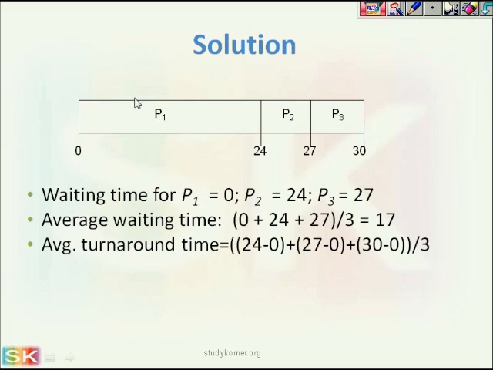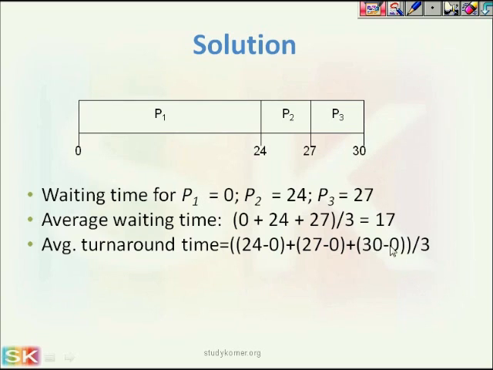So process P1 is completed at the 24th second and it was submitted at time 0. So its turnaround time is 24 minus 0, plus the turnaround time of P2. P2 finishes at the 27th second and it was submitted at time 0. So 27 minus 0 is the turnaround time of process P2. Process P3 is submitted at time 0 and it completes at time 30.